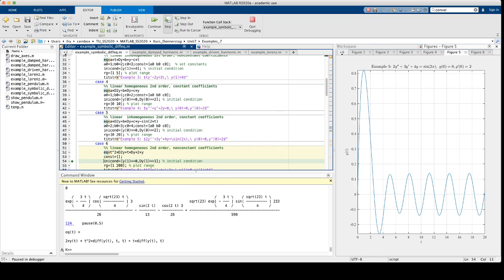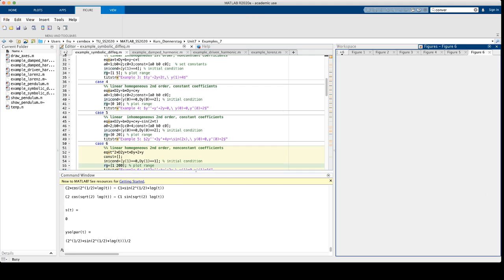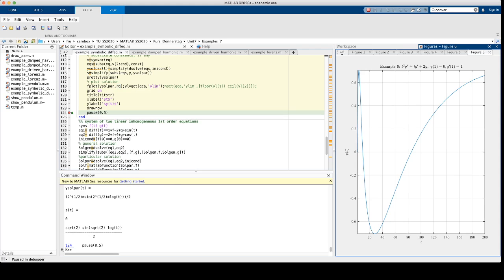We have 2 initial conditions, the value of y and dy at t equals 1. And you see the solution in the command window and the graph in the window figure 6.